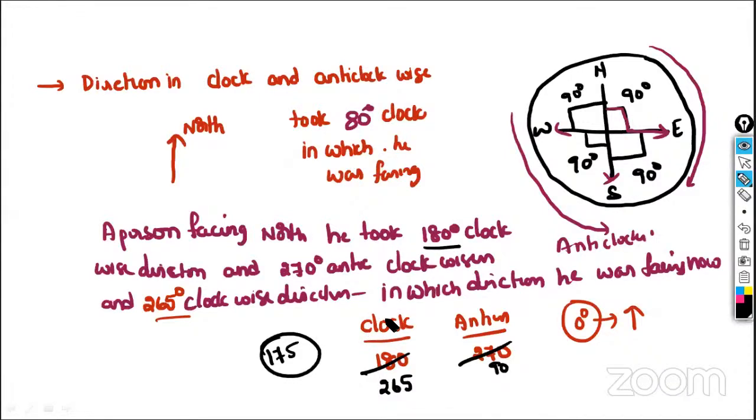Which one is major? Clock is major. That means we have to take from north 175 degrees clock. I know that from north 180 degrees is completely south, but 175 will come here.